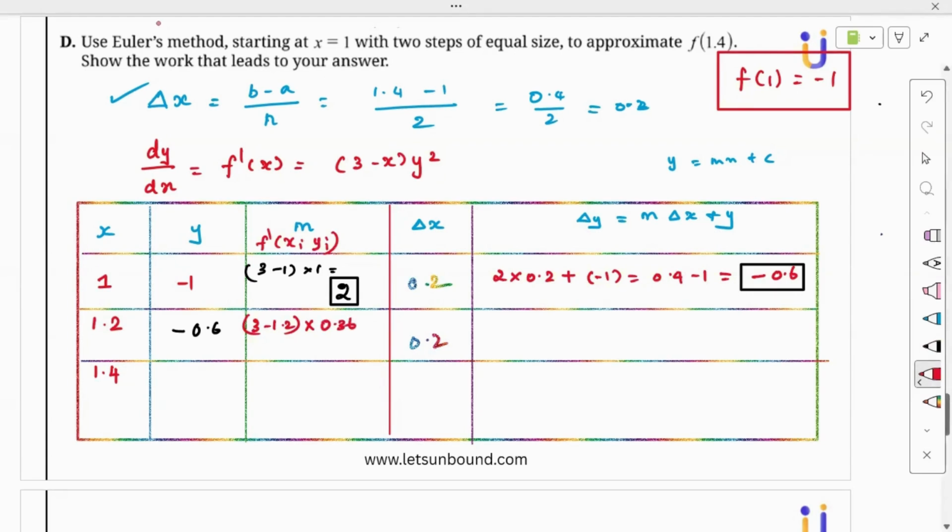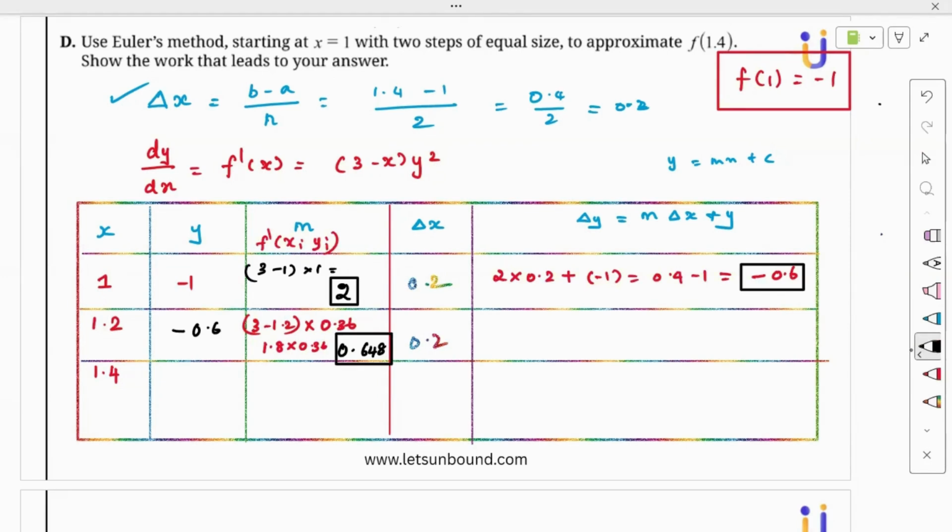And 3 minus 1.2 is nothing but, no, 1.8. So 1.8 times 0.36. Again, just a normal multiplication and you will get exactly 0.648.